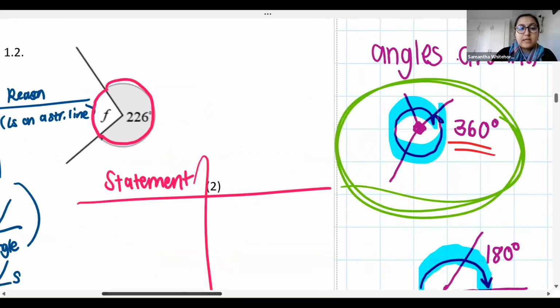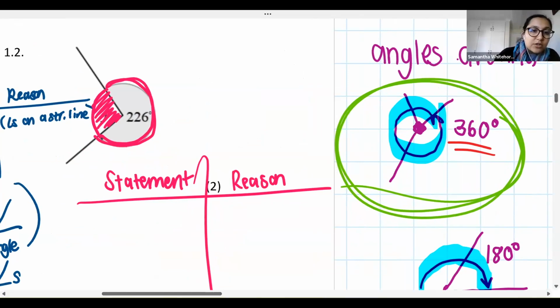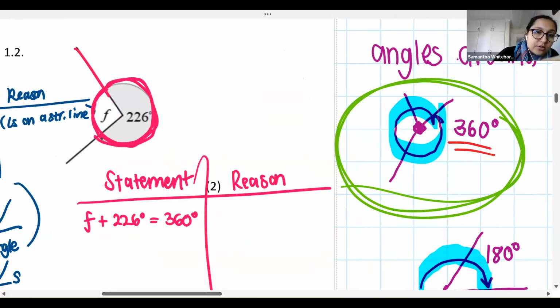Right, so there's my statement. There's my reason. My statement is that if I add this angle F and I add 226 degrees, I'm getting a full circle. So F plus 226 must give me 360 degrees. They are angles created at a common point.